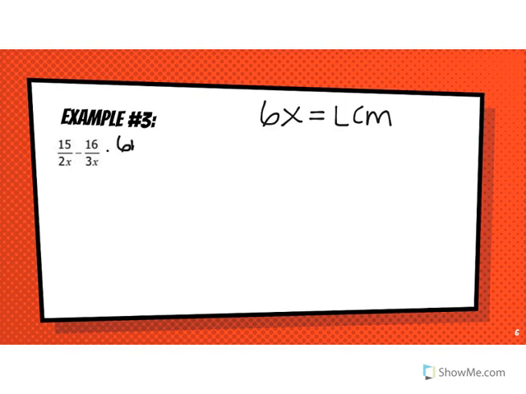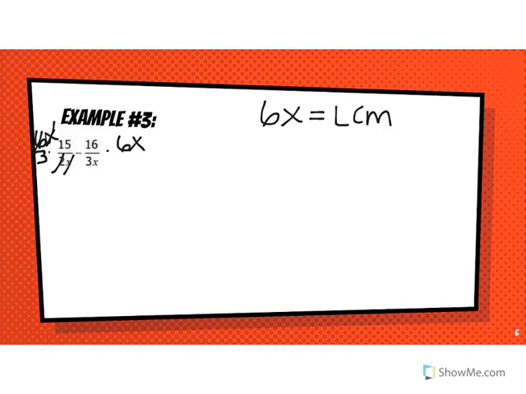So multiply by 6x. Multiply by 6x. Sorry, I said m's; there should be x's. I'm saying LCM. Okay, so x is there, and now we want to see 2 goes into 6 3 times.